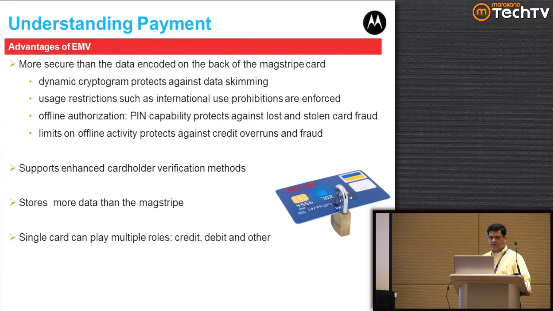So advantages of EMV. For most of the part, we're going to talk about EMV here because MagStripe is pretty simple in what it can do and how the process works. So with EMV, it's harder to do data skimming.